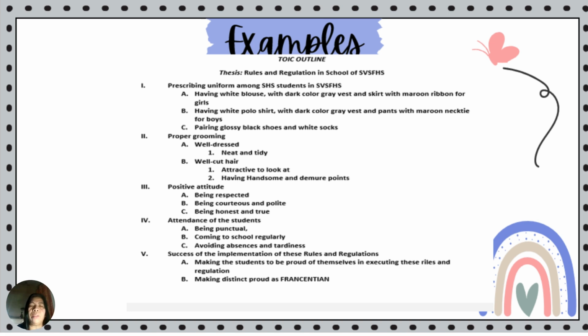When it comes to the prescribed uniform, the major details that support it are a white blouse among females, who will also wear a vest and a skirt in dark gray, accompanied by a maroon ribbon among girls.